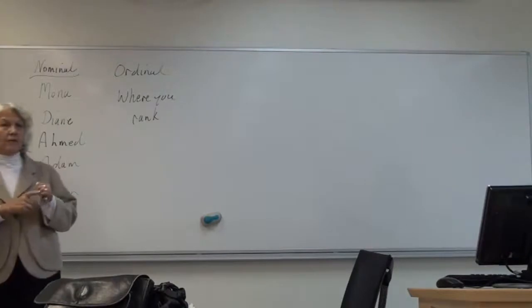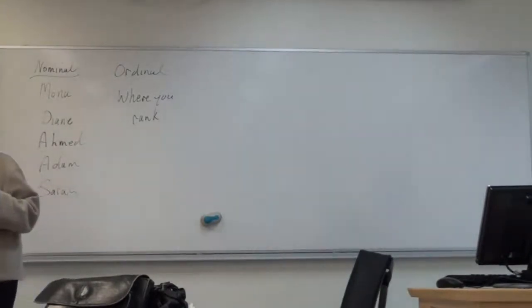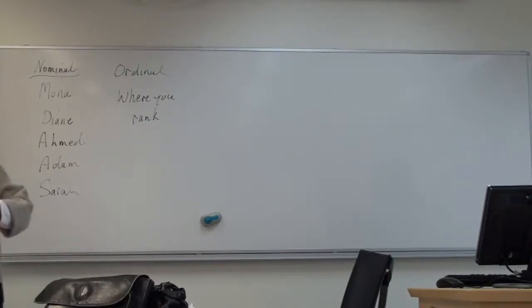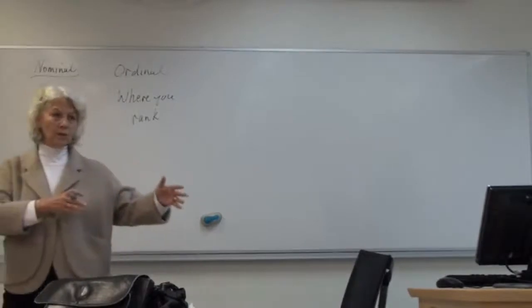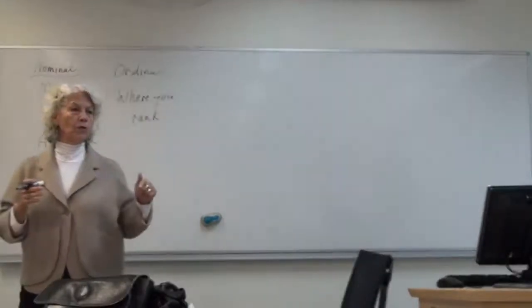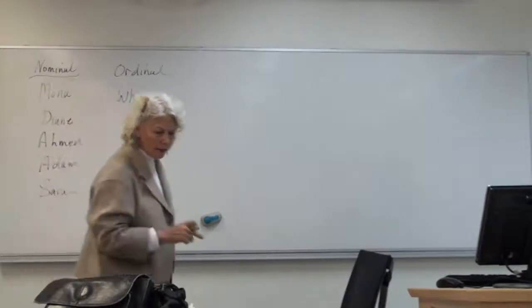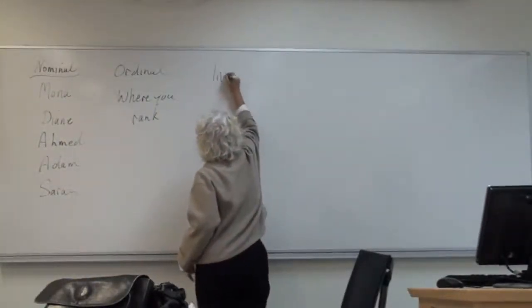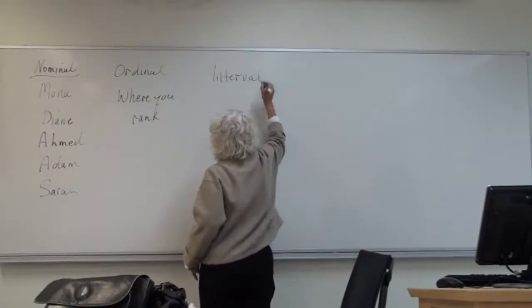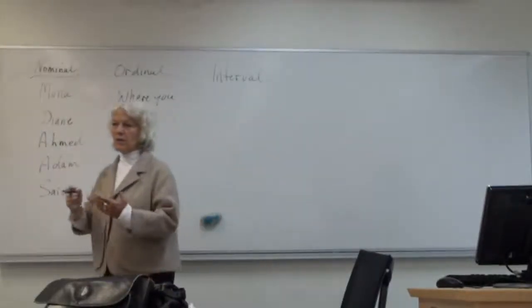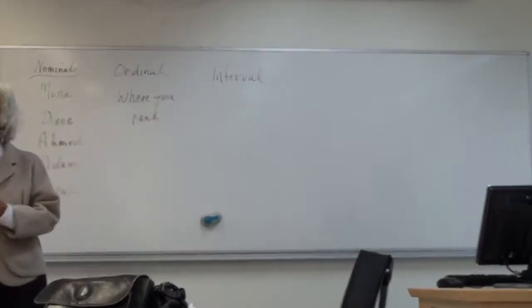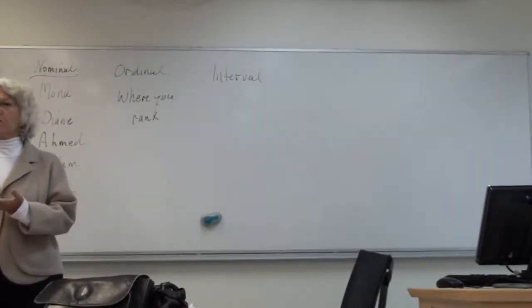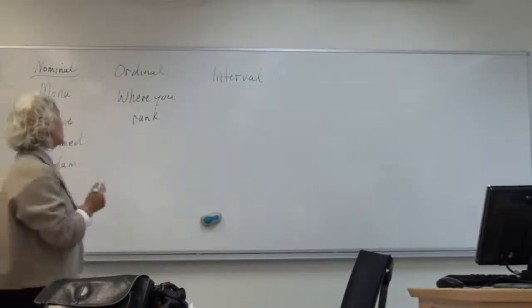So do you understand if we had some breakfast cereal to try, and we rank them by, this is the one you thought the worst, this is the one you thought was just okay, and this is the one you thought was the best, that would be ordinal ranking. Okay? And the third one is interval. It just means that we know the distance between them. So temperature is one that we could use here.